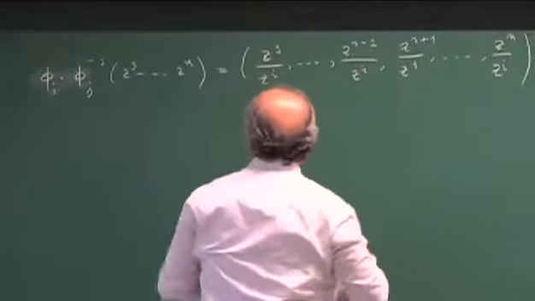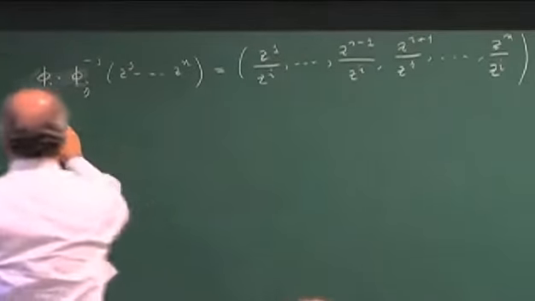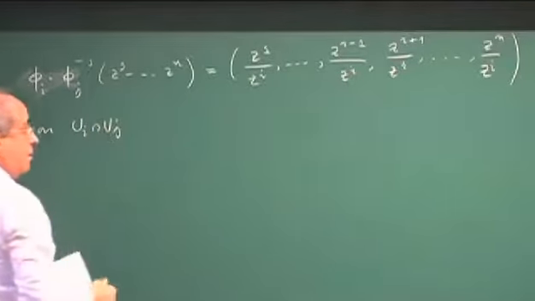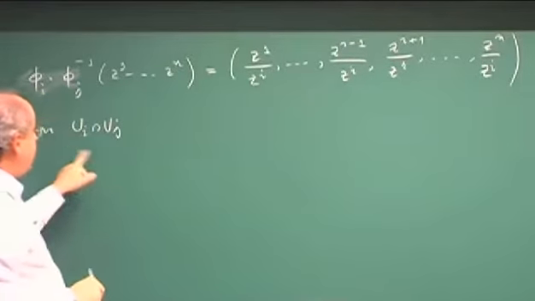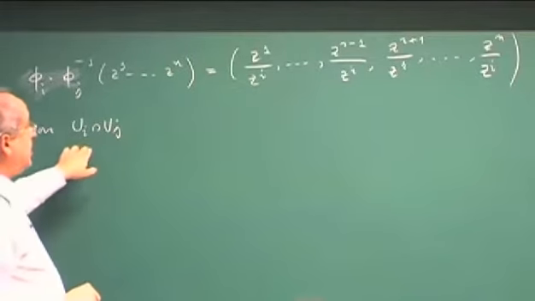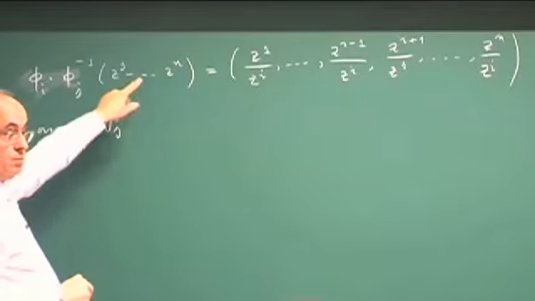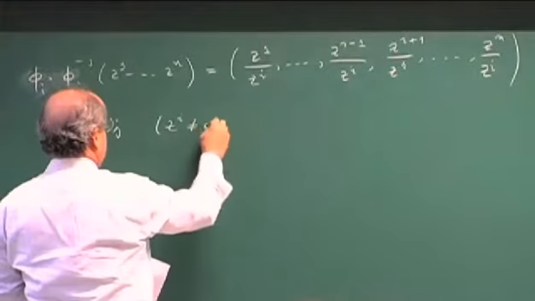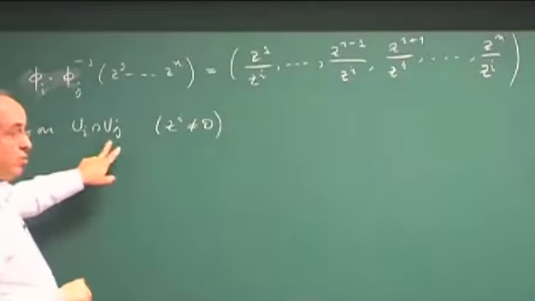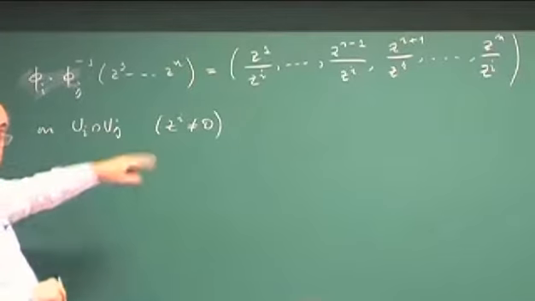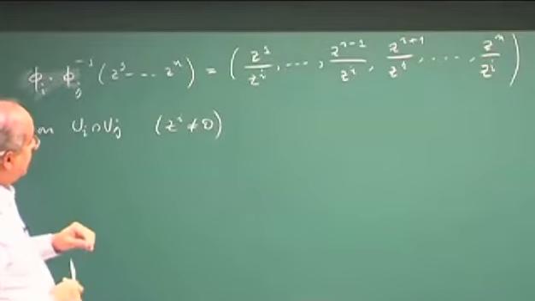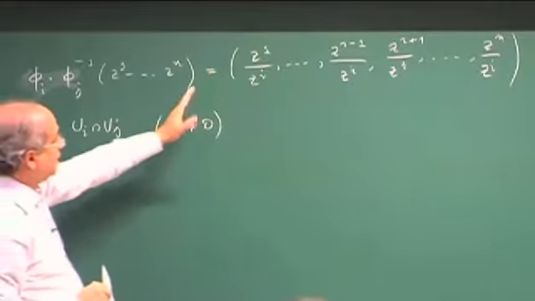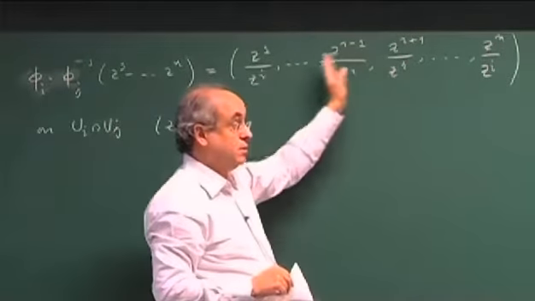Actually, we are considering this on Ui, on the intersection between Ui and Uj, and here Zi is different from 0. Because both Wi and Wj are different from 0, so Zi and Zj are different from 0, and Zi in particular is different from 0, and so this is a biholomorphism.